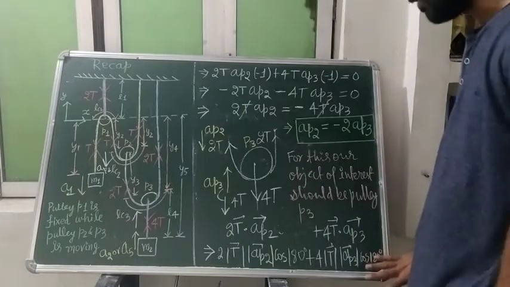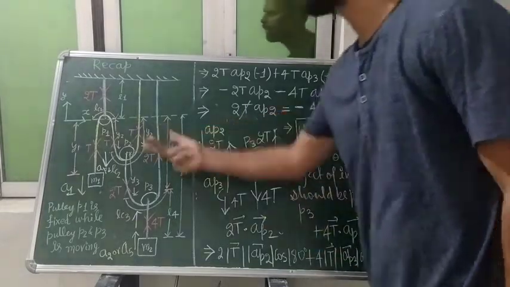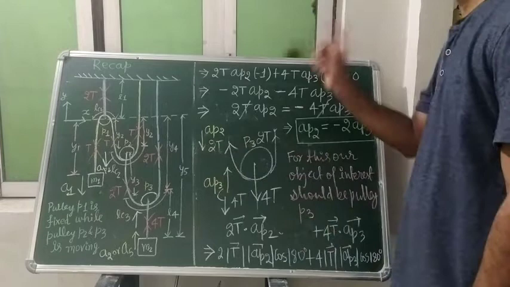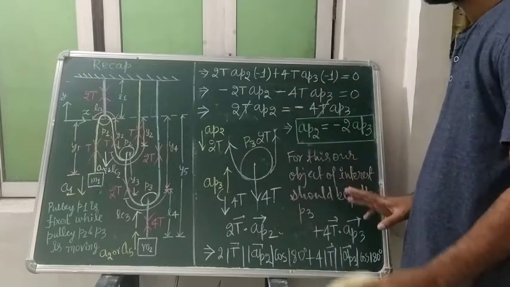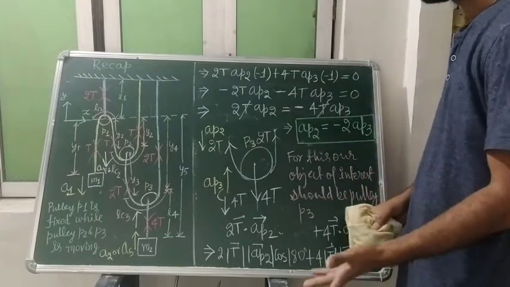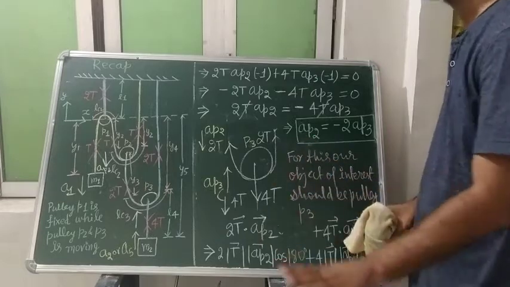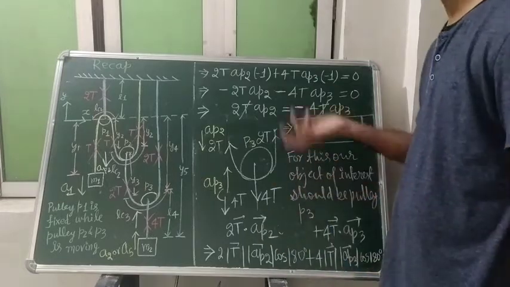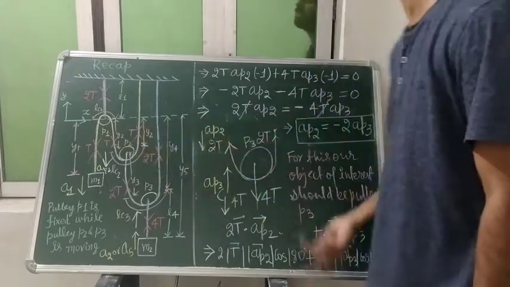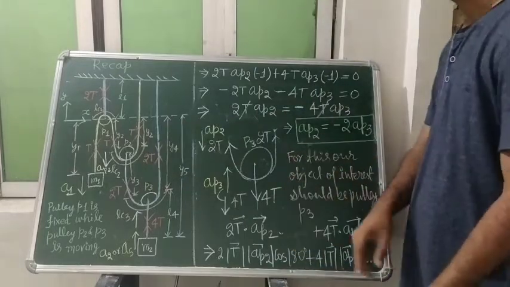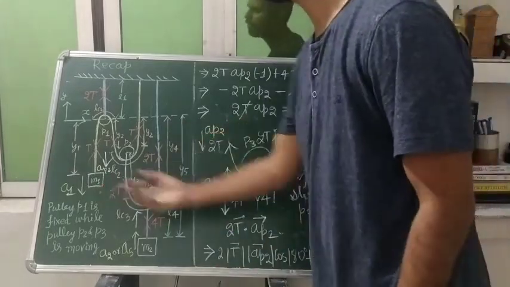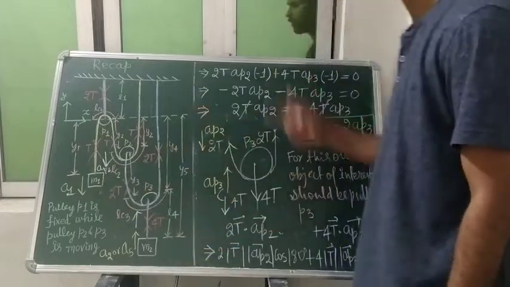So student, I have given you how they are internally related and what point you will keep in your mind, and for the time being I haven't found any question which was asking how they are internally related. They only ask you to find the relation between the accelerations of the blocks present.